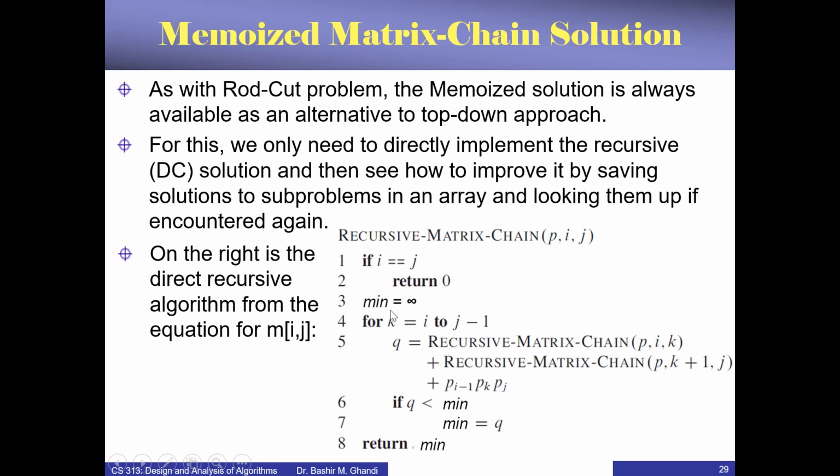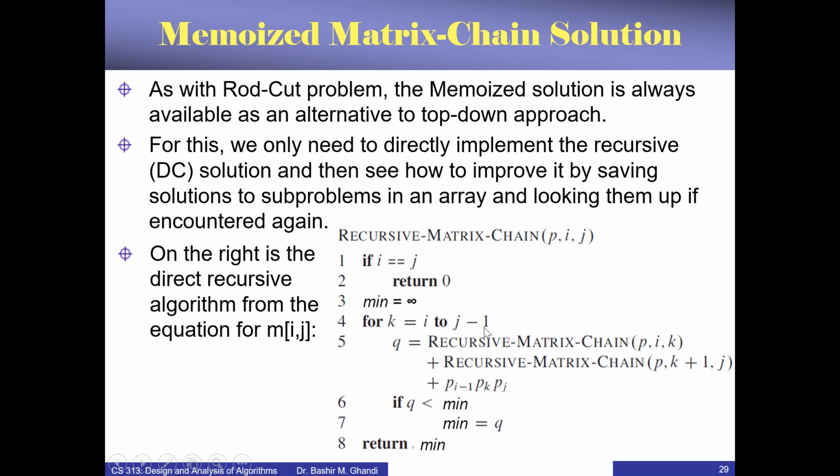Otherwise, define a variable min to be equal to infinity, and then in a loop for k from i to j minus 1 according to our formula, compute q to be a recursive call from i to k plus a recursive call from k plus 1 to j plus the product p[i-1] p[k] p[j].